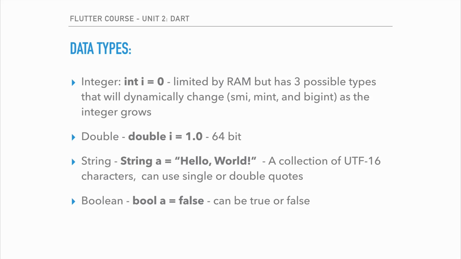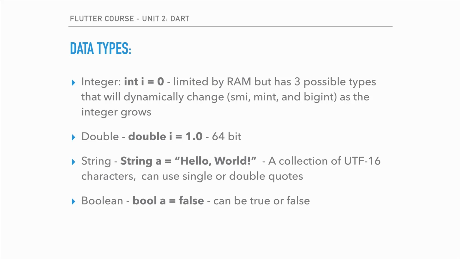The three types are SMI, or small integer, mint, or medium integer, and then bigint, or big integer. I think mint is 32 bits, but I'm not 100% sure. SMI is small, mint is medium, and big is big. Big is not limited by anything, but we don't really have to worry about that too much, since the Dart virtual machine itself is going to take care of that for us. Okay, so that's the integer.